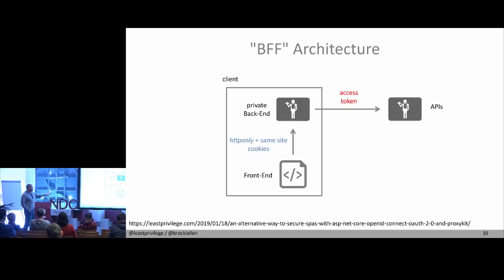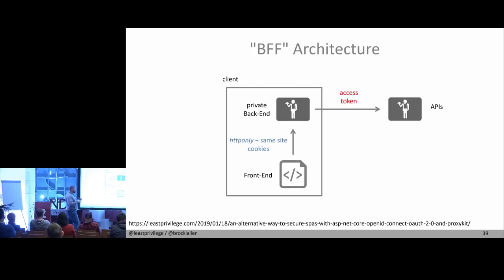So this actually kind of looks like what we might have done 10 or 15 years ago. Imagine you're not going to have your SPA connect directly to the web API. What you'll have is a back-end piece of your application that will do the normal login workflows with OAuth and OpenID Connect. You'll get back your tokens, and then you'll issue a cookie in your browser.